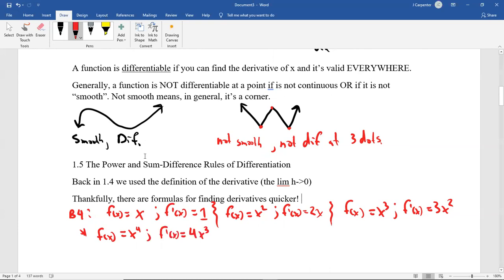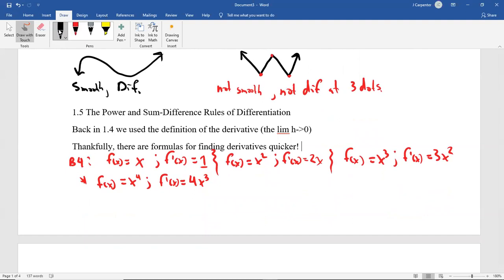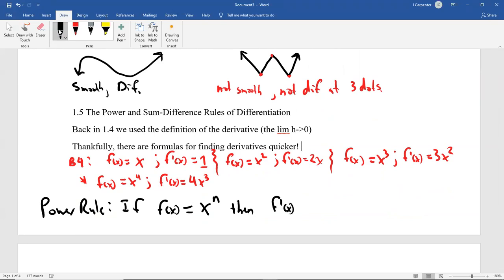So what this does for us is it gives us our formula. So the power rule states that if your function is just an x to some exponent, so n is a number, 2, 3, 9, whatever, 1, 0 even, then f prime of x is equal to n times x to the n minus 1.